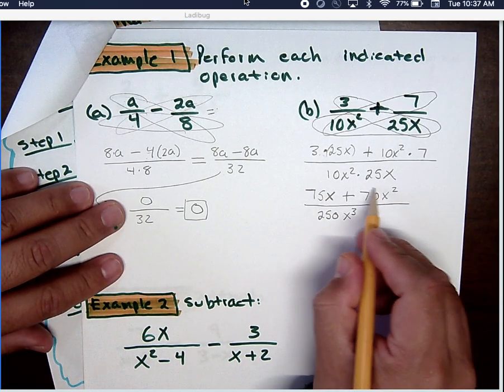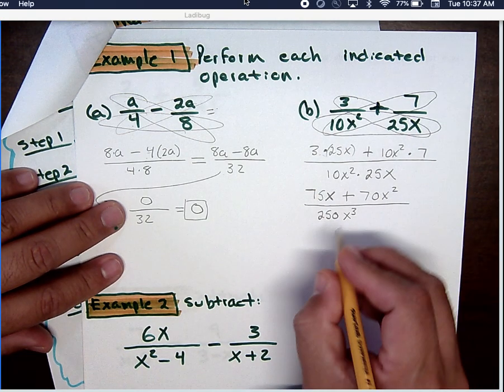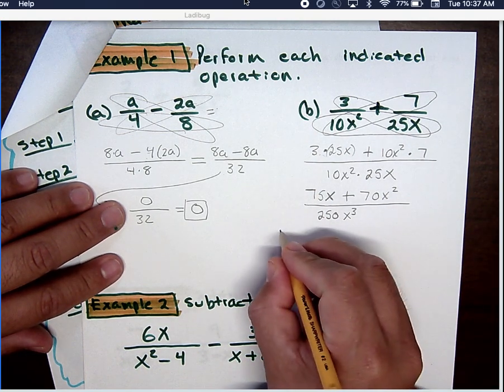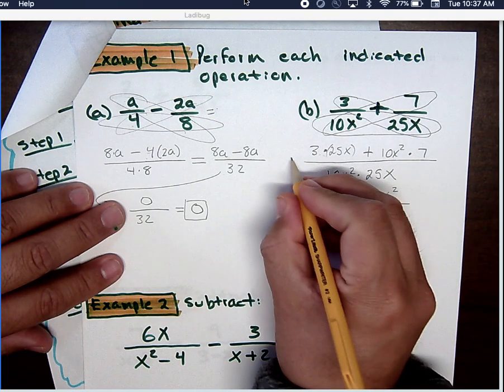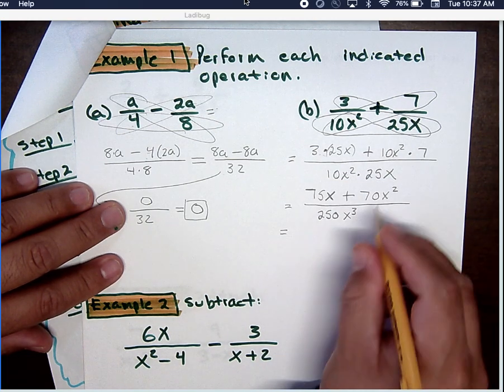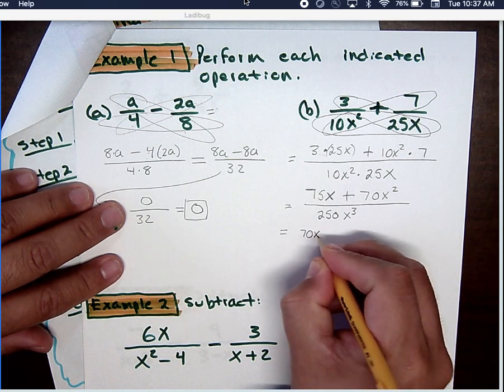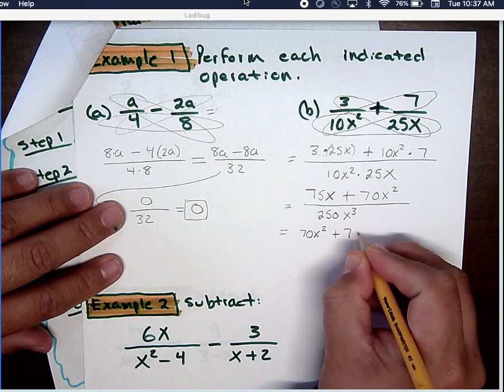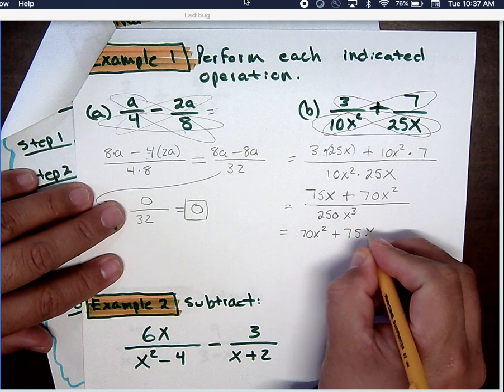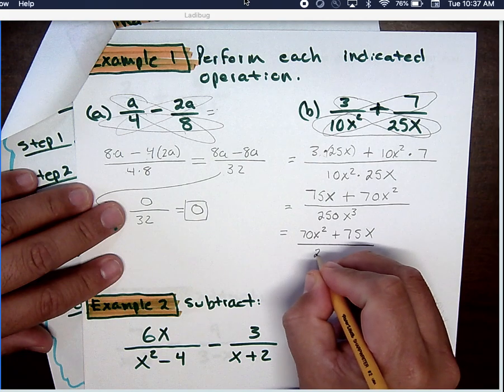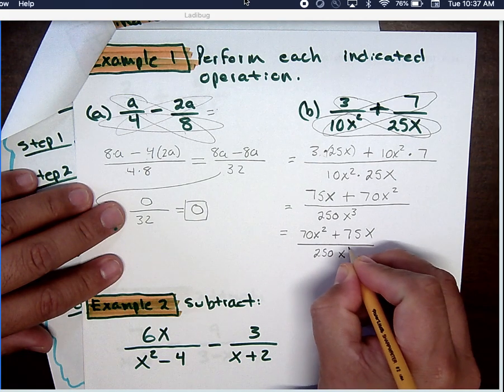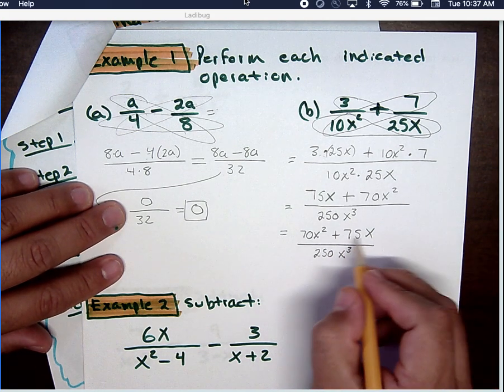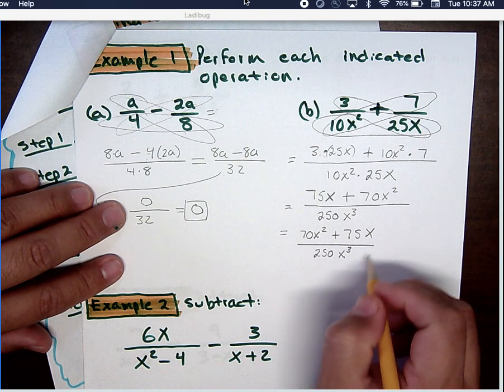And then we're going to have to switch this thing around because I don't like it like that. So this is equivalent, so I'm going to put this one first, plus 75x over 250x cubed. This is where we have to simplify.